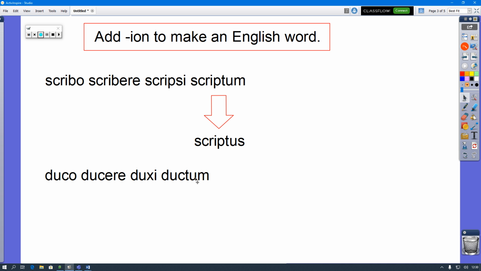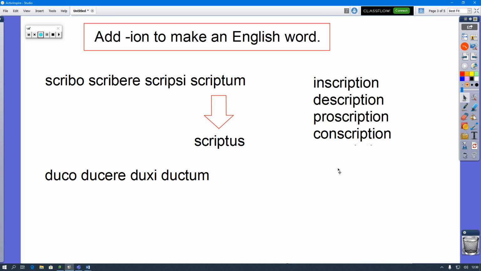If I add -ion to that, take off the -us, I get scription. Now, there's not many words with scription, but there's lots of words if you put a prefix onto it. So I get inscription, description, proscription, conscription and prescription. So if I add -ion to it, I make an English word.